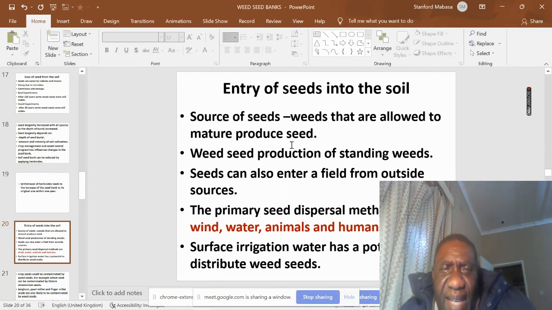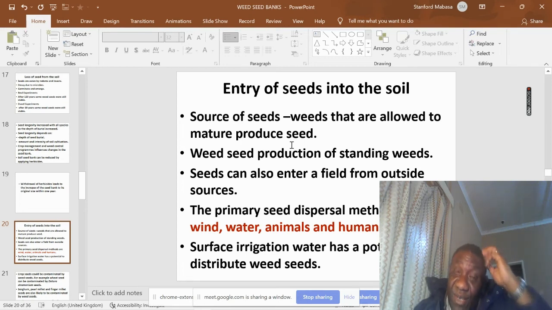What about entry of seeds into the soil? Now, source of seeds, it could be weeds that are allowed to mature to produce a seed, then they just add these seeds into the soil. So we have weed seed production of standing weeds.